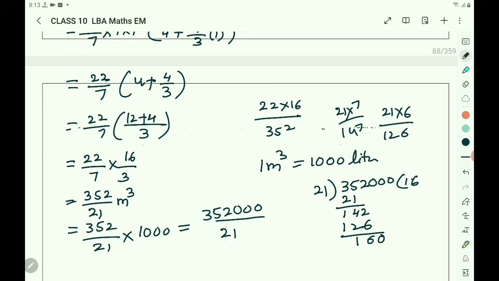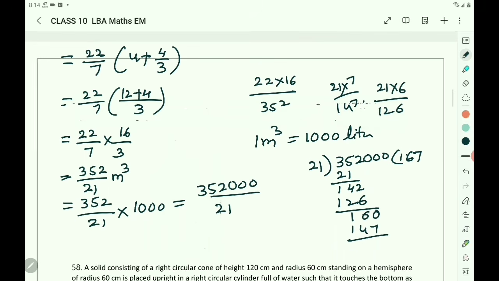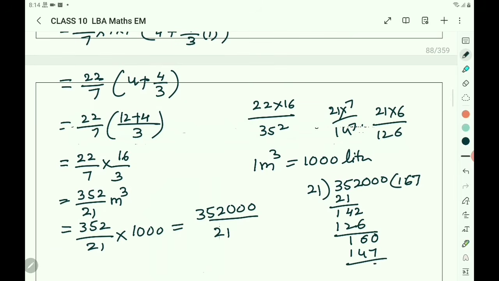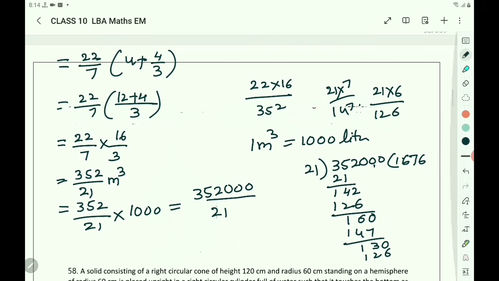160. Then you take 21 into 7, you got 147. 10 minus 7 is 3. Then 5 minus 4 is 1. Then you take this 0. Then 126.